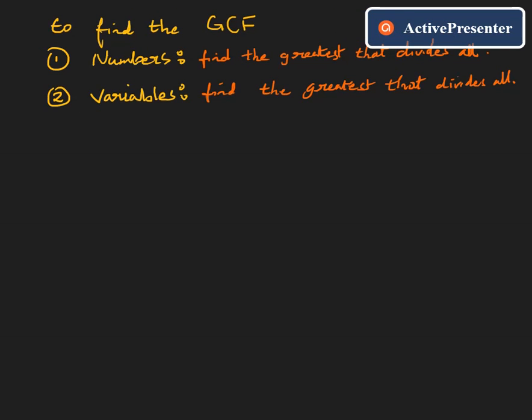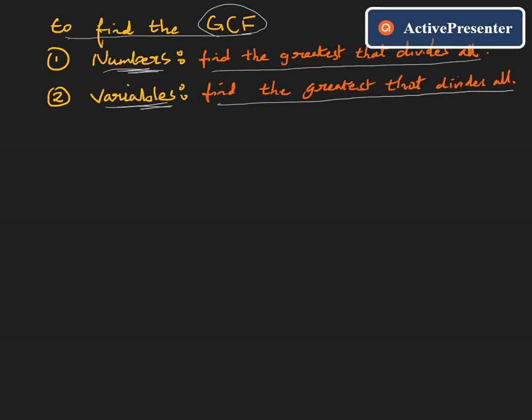To make things simple, to find the greatest common factor, I use a rule that I am used to since high school up to this moment. When there are numbers, find the greatest that divides them all. When there are variables, find the greatest that divides them all.